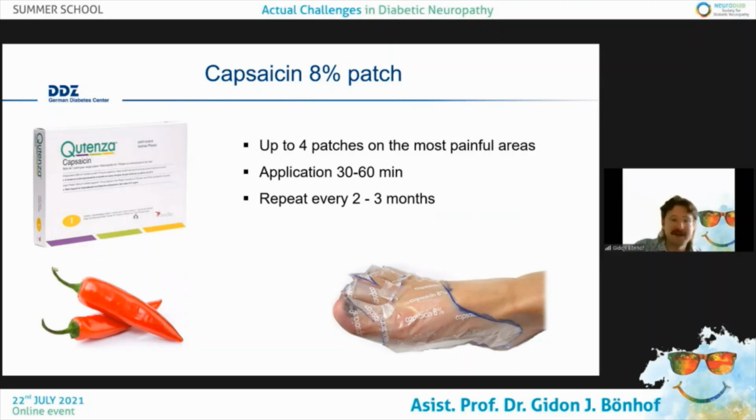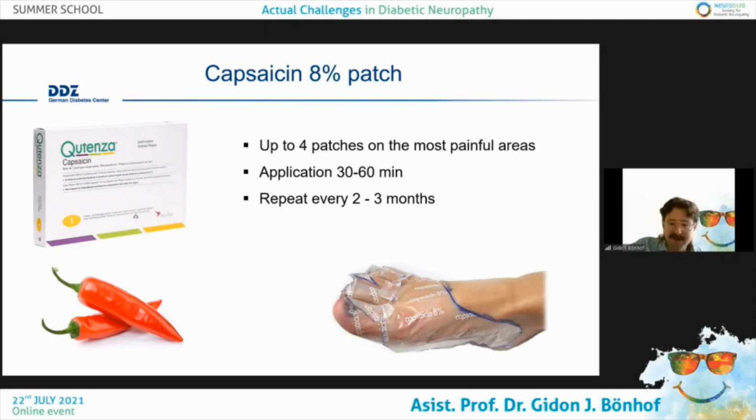That sounds strange, but how does it work? Capsaicin reduces the nerve fibers in the skin. So you provoke artificial nerve fiber loss in the upper areas of the skin. So you perform a denervation within the skin. That sounds a bit strange, but in some patients it works.